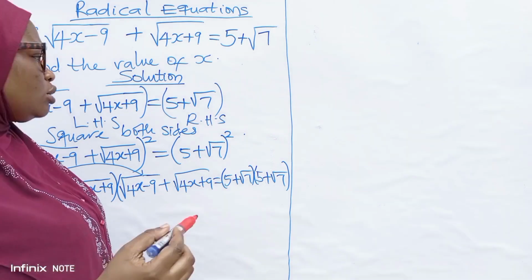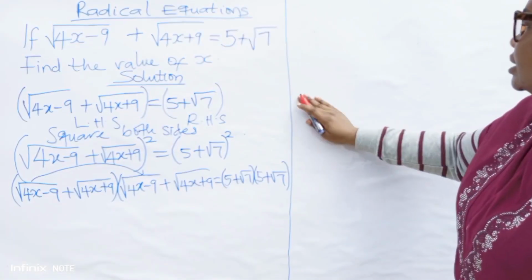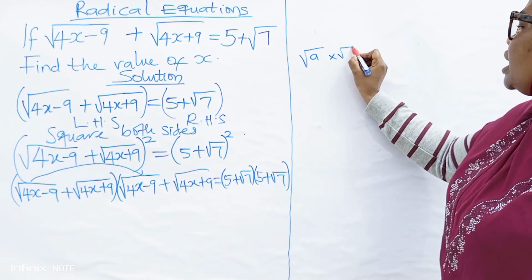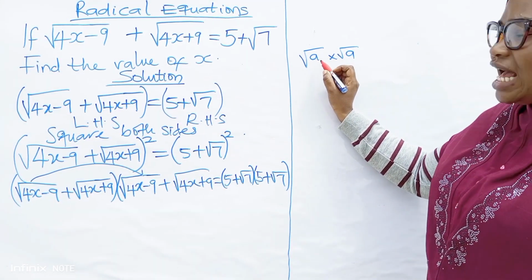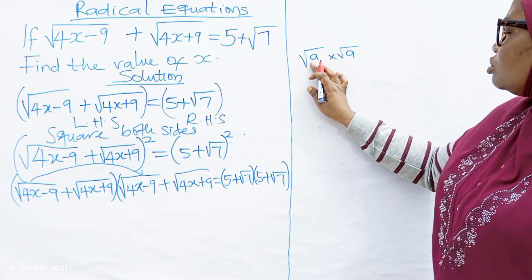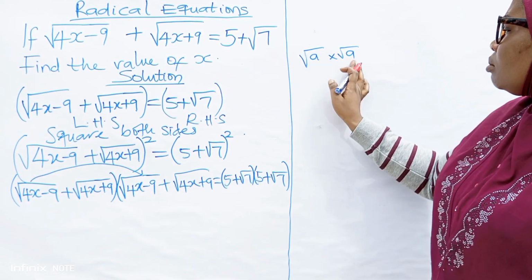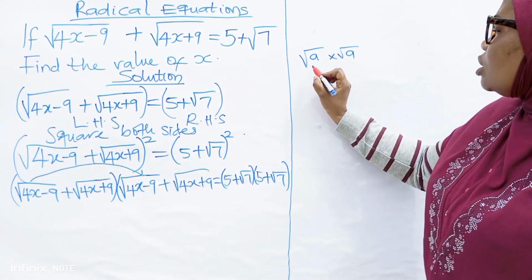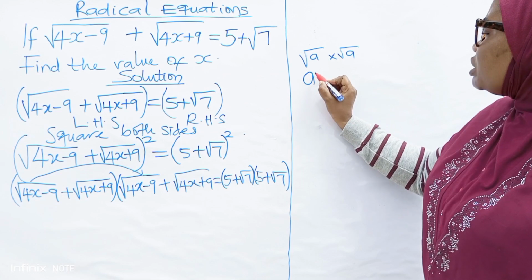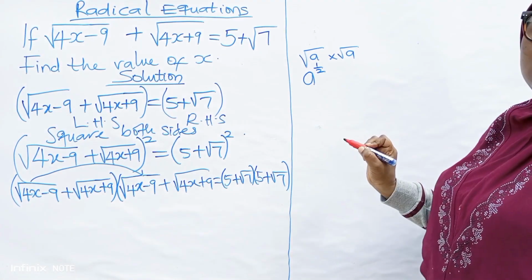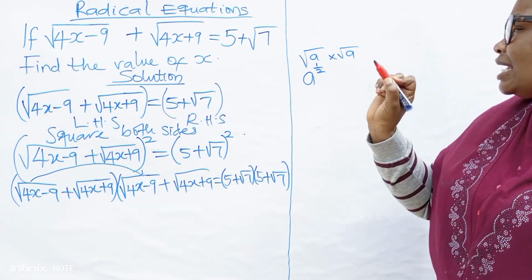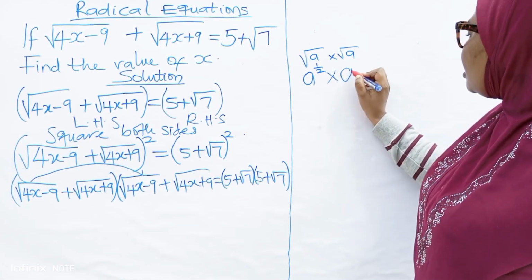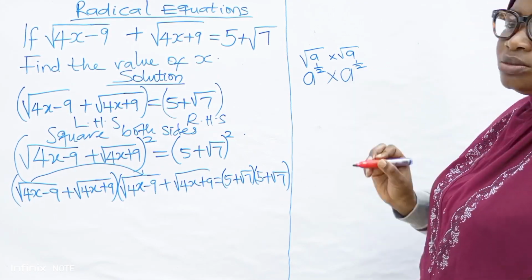So now use this: if you say root a multiplied by root a, root a means a raised to the power 1 over 2, then multiplied by a raised to the power 1 over 2.